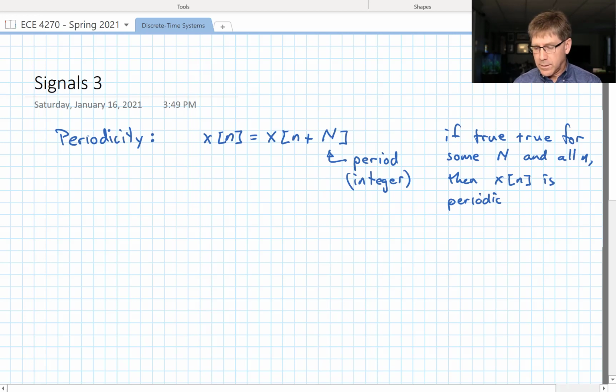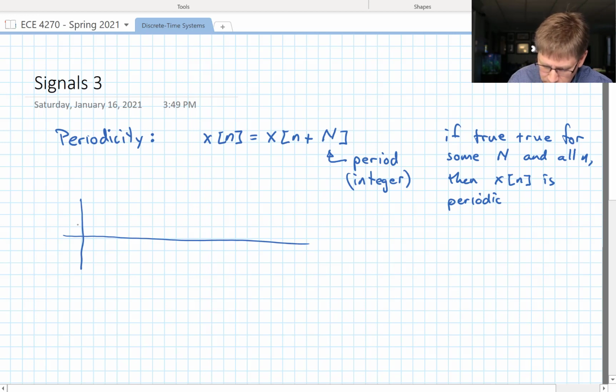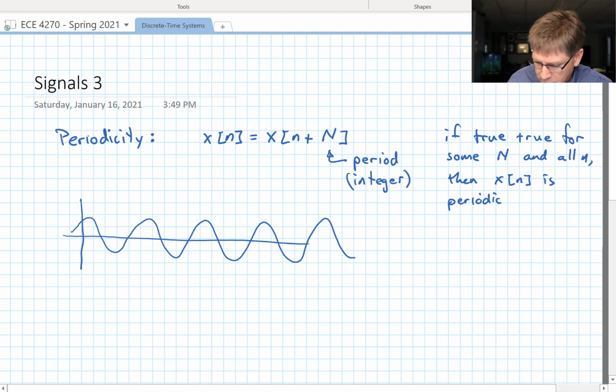One thing that I would like to point out right away is that if you have some signal, let's assume we had some continuous time signal, and just pretend that that's perfectly periodic. So here we have a periodic x of t.